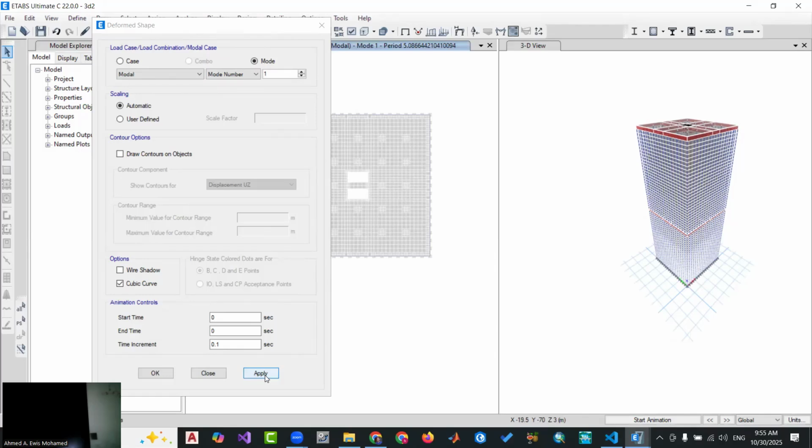This mode can also happen, and it can go like this. It has a lot of modes, but each mode has a mass participation for the model, something that can affect the model.